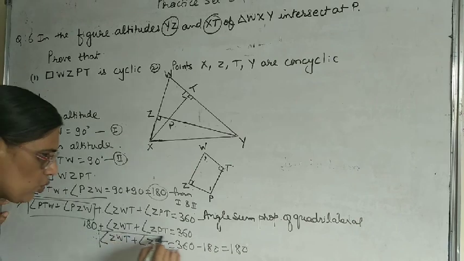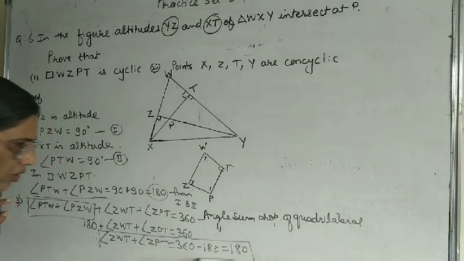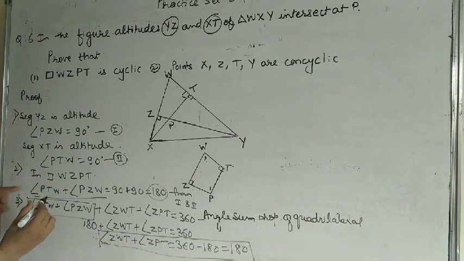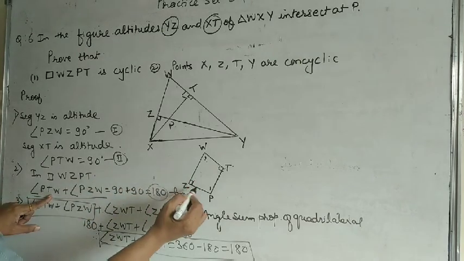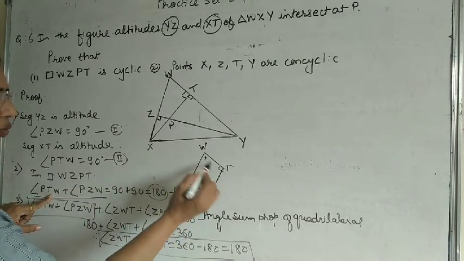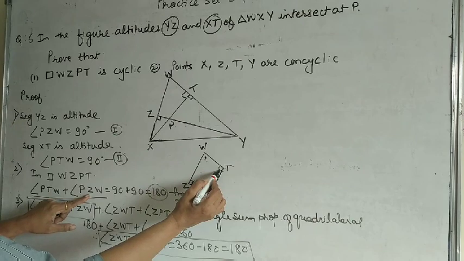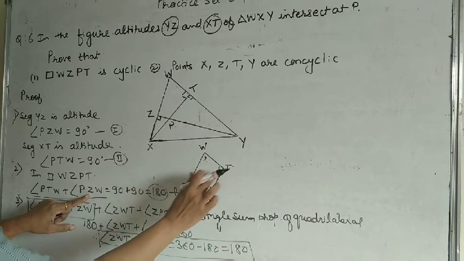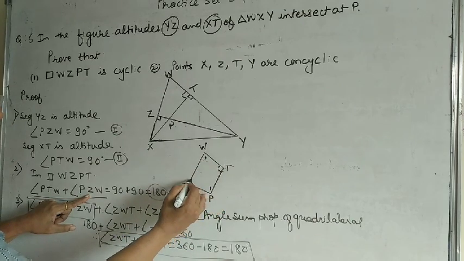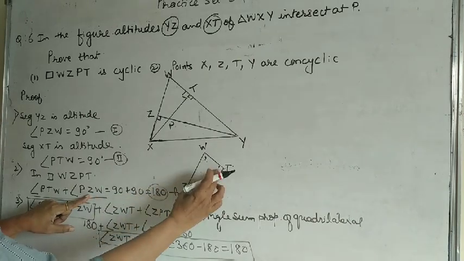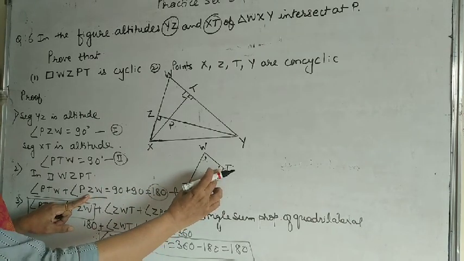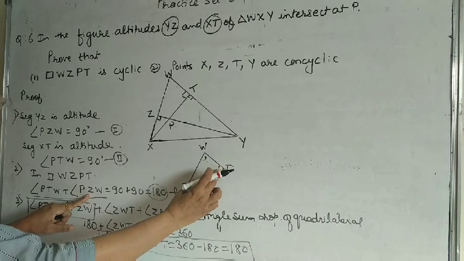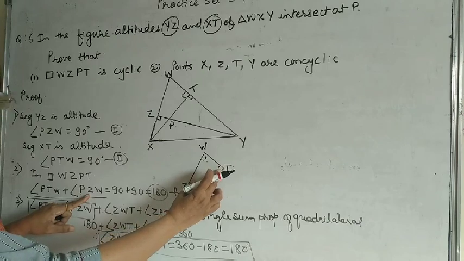Now observe these two statements. Here what we have shown is that PTW, that means this one, and PZW, that means this one, this angle and this angle, their sum is 180, and these are opposite angles of this quadrilateral and they are supplementary.